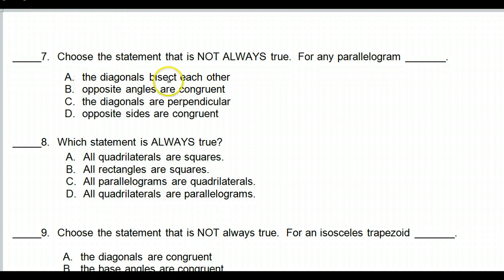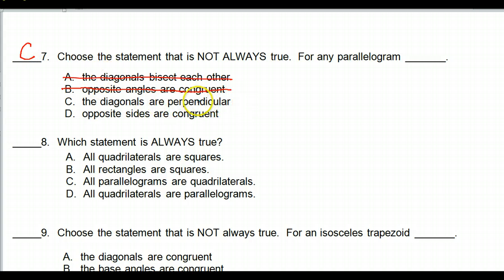The diagonals bisect each other. That is always true. That is one of the properties of a parallelogram. Opposite angles are congruent. That is always true. Another one of the properties of a parallelogram. The diagonals are perpendicular. That is not always true. That's going to be the answer.